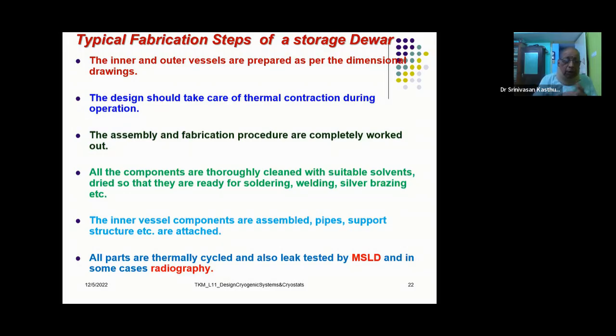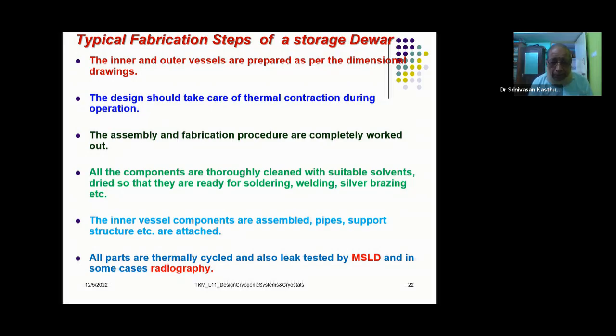For example, if I am using a cylindrical inner vessel with dish joints, then I'll fabricate them all separately. All the components are thoroughly cleaned with suitable solvents and dried. And now they are ready for soldering, welding, or silver brazing.